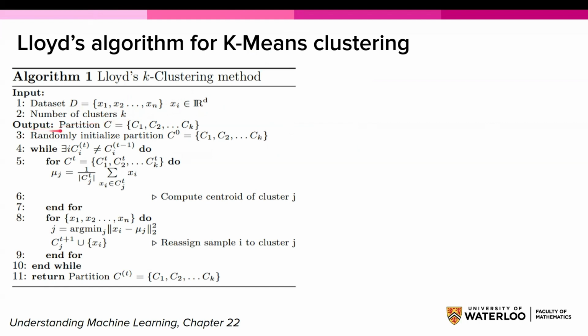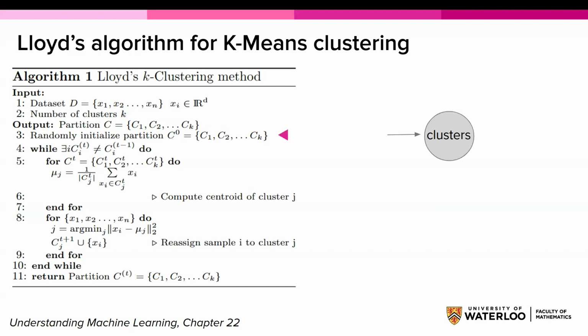Given this information, the algorithm will output a partition of the data set into those k clusters, C1 through Ck. The algorithm begins by randomly initializing a partition, creating an initial partition C0. So just randomly assigning points to one of the k clusters.